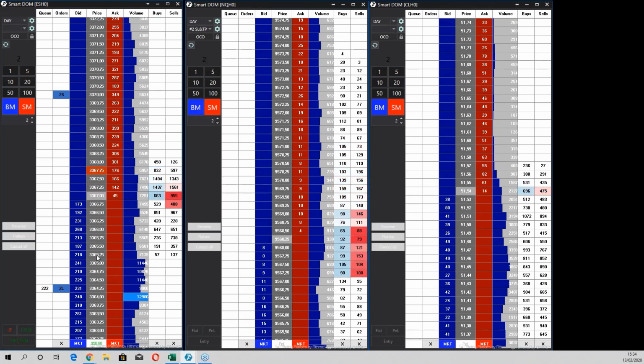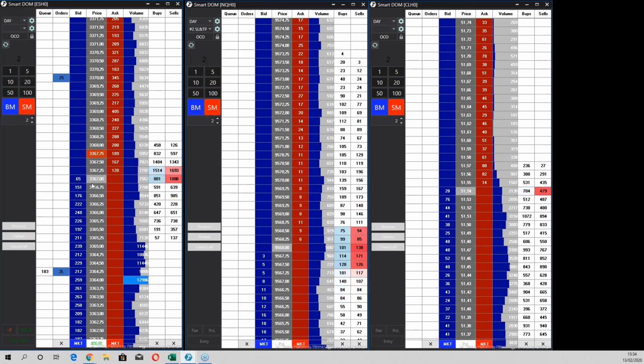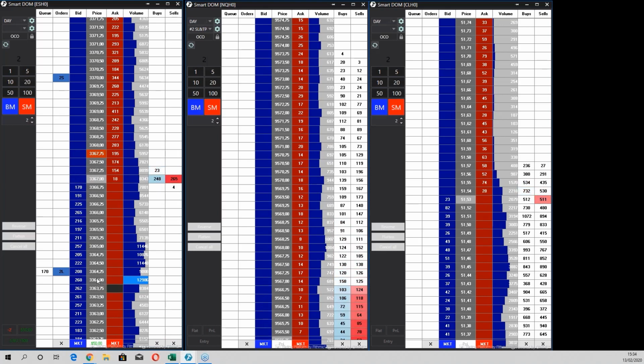I see a few sellers. Let's see if the sellers will confirm their positions. There's one buyer that doesn't let the market breathe, which is not good news for me. So if I see that the seller doesn't confirm, then I will exit. And my target is just before the POC.